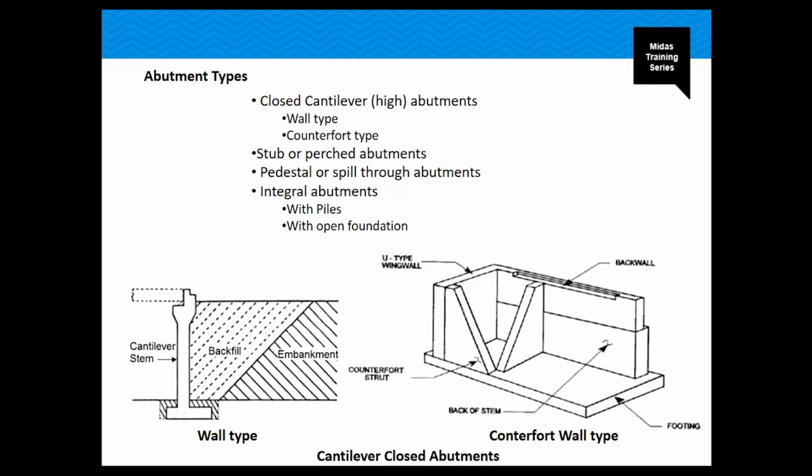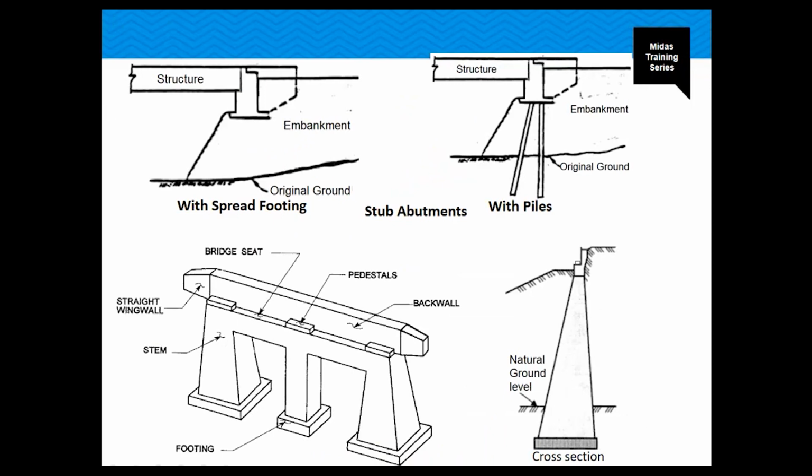The closed cantilever abutment consists of a vertical arm rigidly fixed to a horizontal base footing. We also have some diagrams here of different types of abutments.